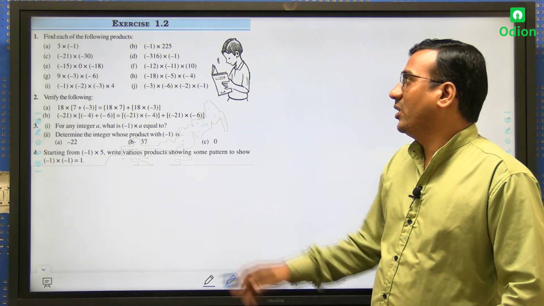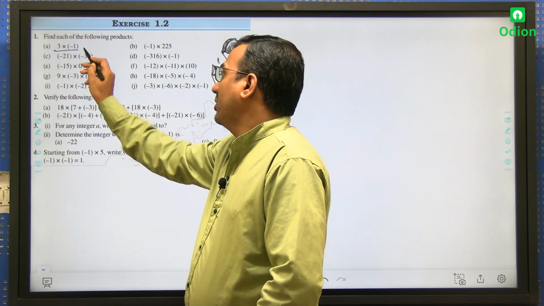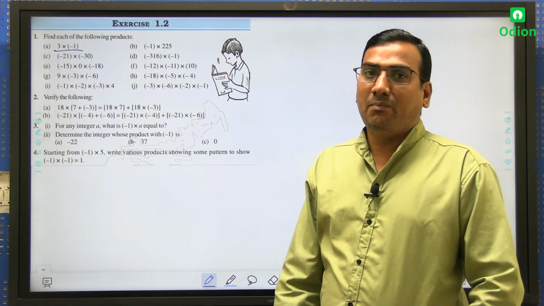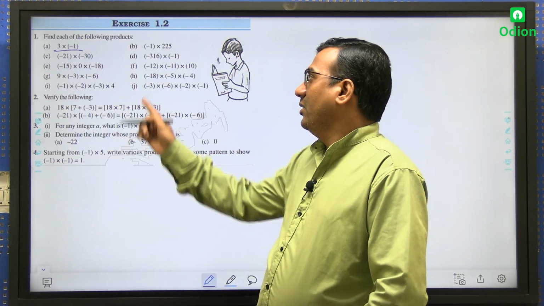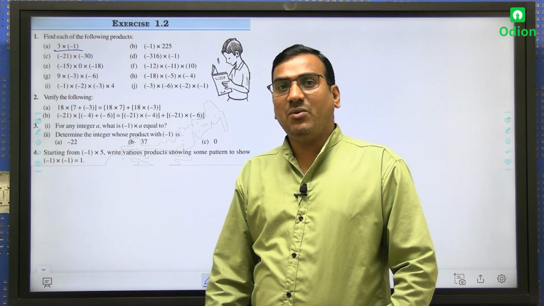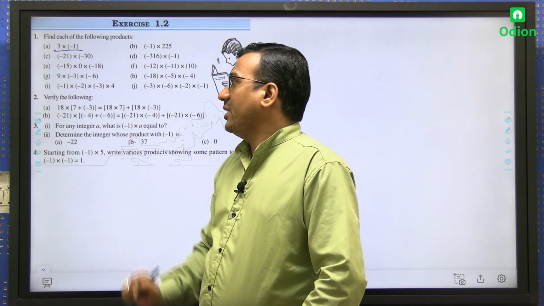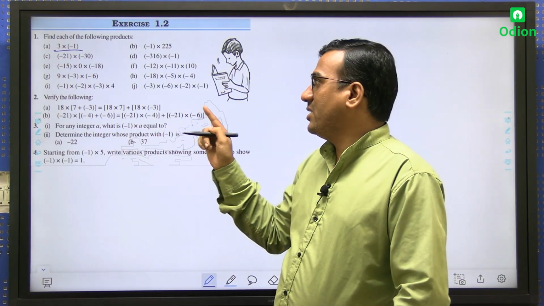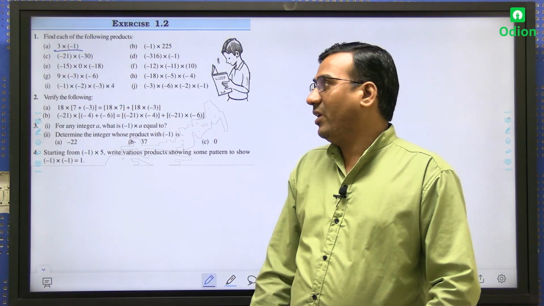Let us do exercise 1.2. 3 multiplied with -1. First you have to check whether the answer is positive or negative. The first integer is positive and the second integer is negative.